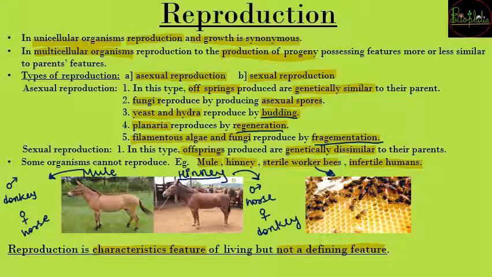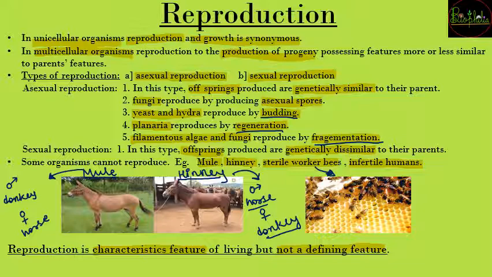Now you know that the horse and the donkey are two different species, and whenever there is a cross between two different species to produce an offspring, then that particular offspring is going to be infertile. यानी mule और hinny cannot reproduce. यानी अगर दो mules को fertilization के लिए छोड़ा जाए तो they cannot produce offsprings.